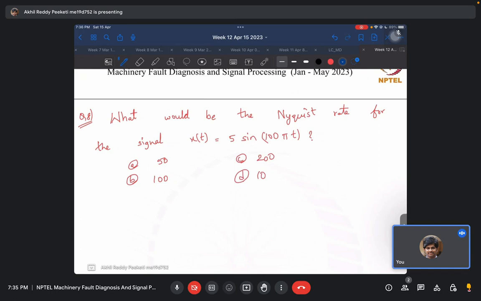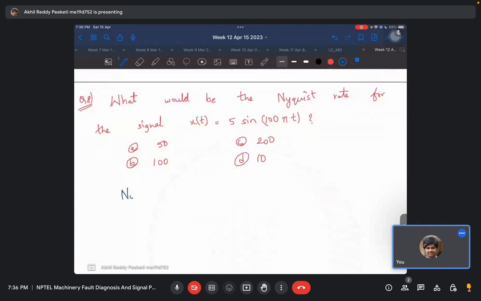So what should be the Nyquist rate or sampling rate for the signal? The Nyquist rate or sampling rate, as we know, should be two times the maximum frequency in the signal, right?